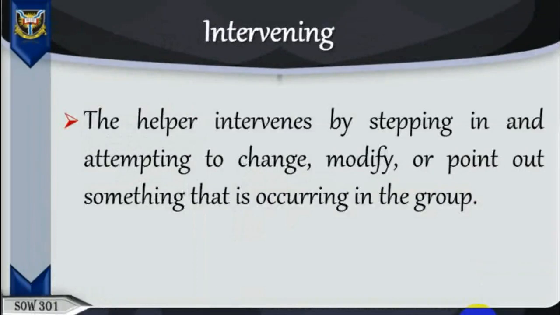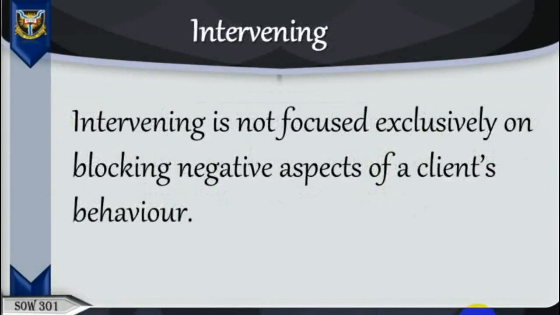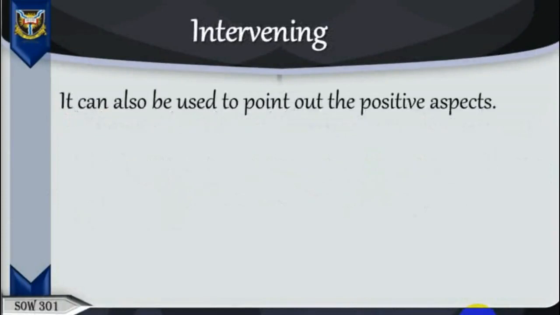Intervening. The helper intervenes by stepping in and attempting to change, modify, or point out something that is occurring in the group. Intervening is not focused exclusively on blocking negative aspects of a client's behavior. It can also be used to point out the positive aspects.